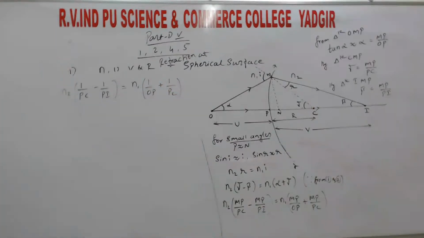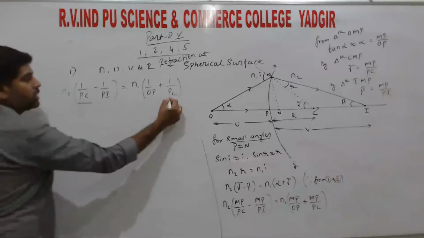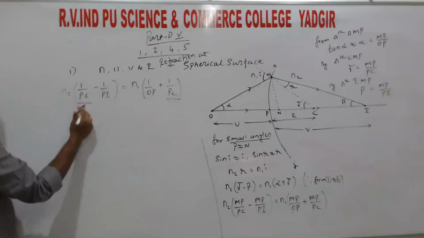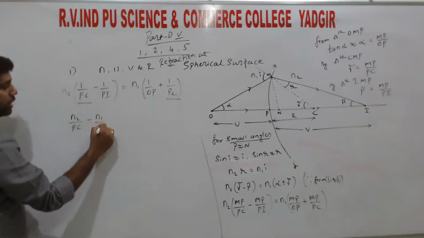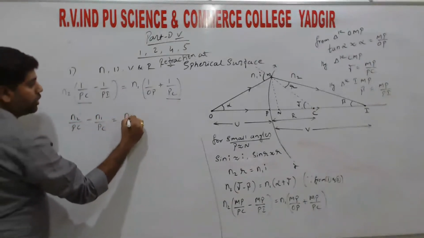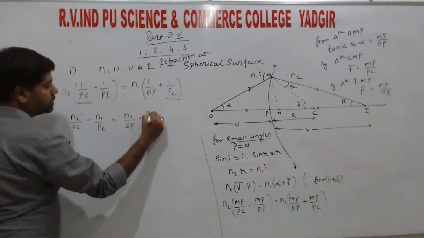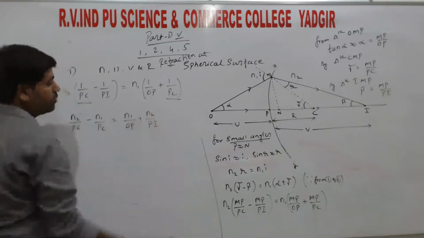Now rearranging the terms. Here PC is there and here PC is there, so we can shift this to the LHS. So n2 by PC minus n1 by PC equals n1 by OP plus n2 by PI, right?